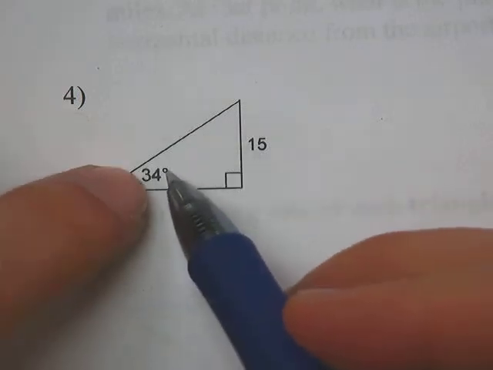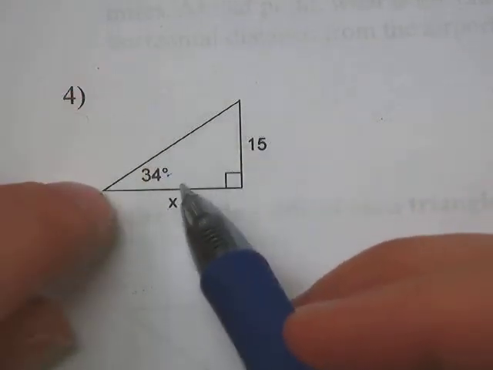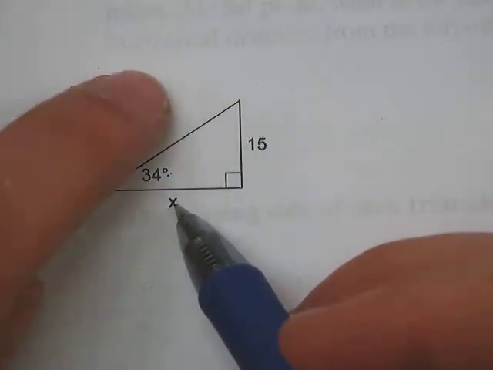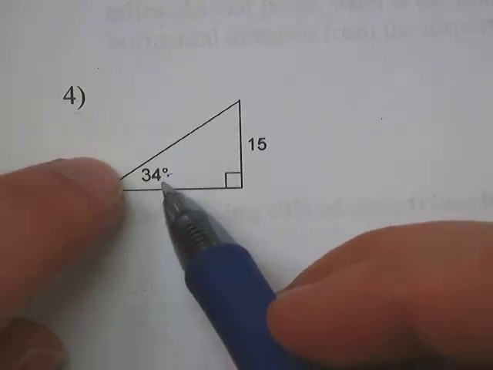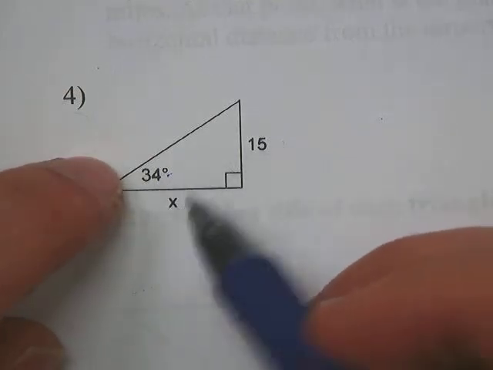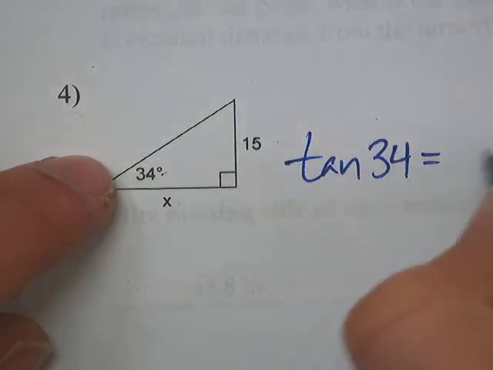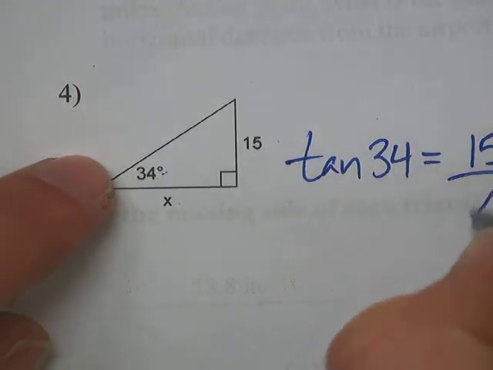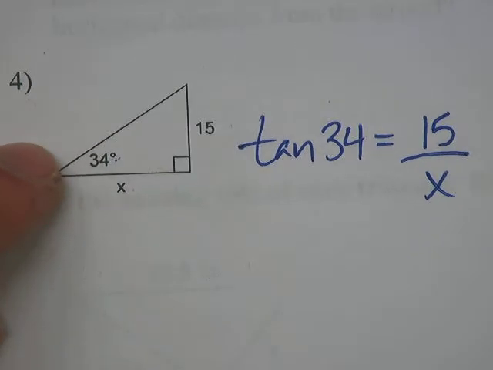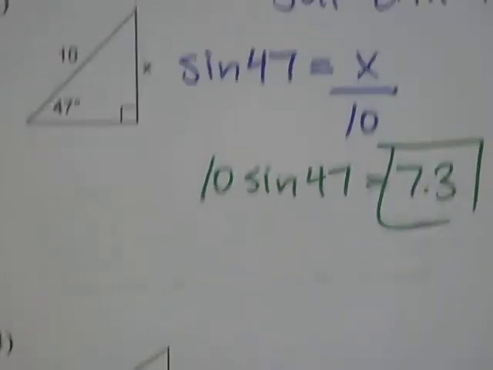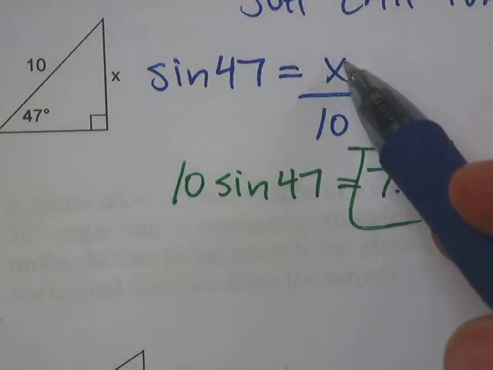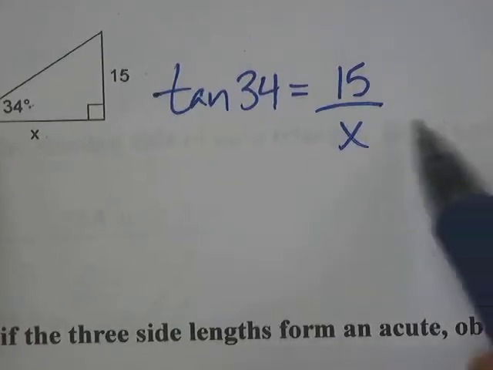Okay, moving on. Number 4. I'm going to check tangent. Well, this one is tangent because sine doesn't work, that's opposite over hypotenuse, and cosine doesn't work, that's adjacent over hypotenuse. Tangent is opposite over adjacent. So tangent of 34 equals 15 over x.